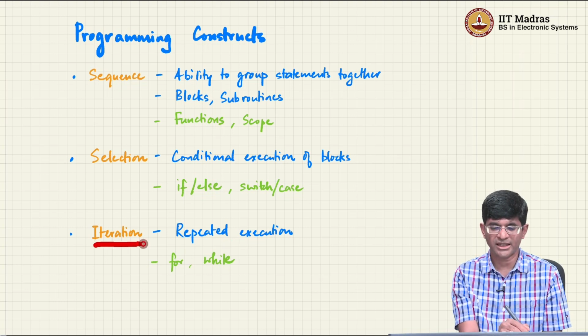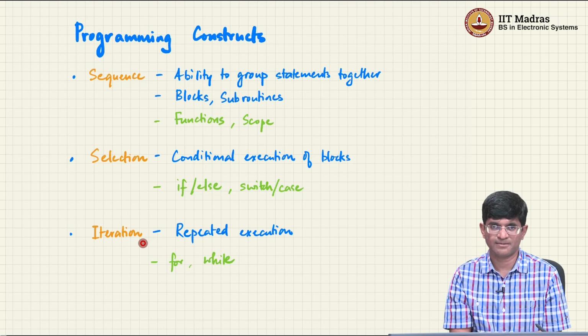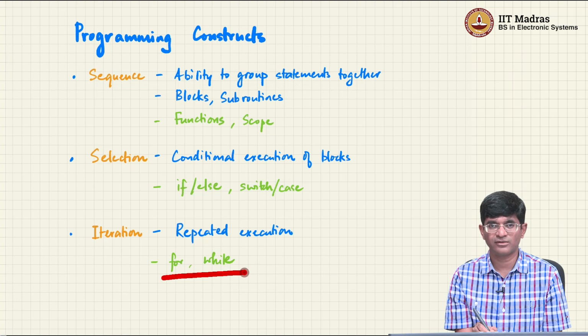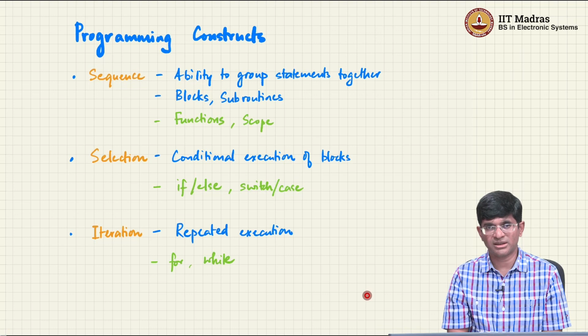Now in principle, iteration can of course be implemented using selection by repeatedly branching back to the start of that, but it makes more sense to actually think explicitly in terms of iterating over a certain block of code multiple times, which is why it is treated as a separate concept in structured programming, right. And in the C programming language, of course, what that does is it leads us to constructs such as for and while. All of these are different programming constructs that we will look at in a lot more detail and try and understand.